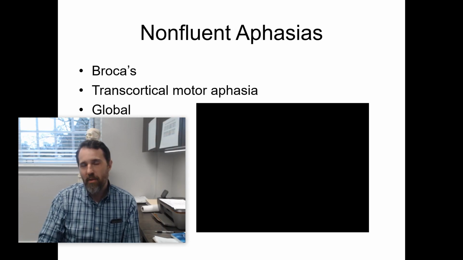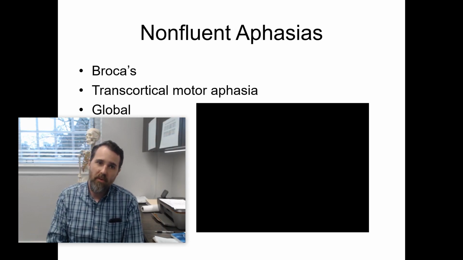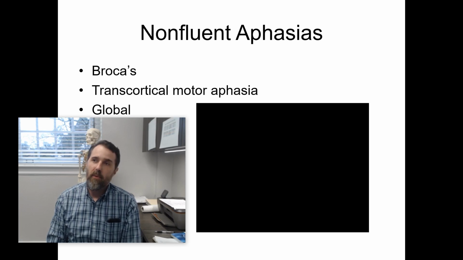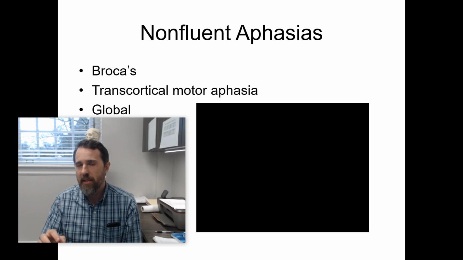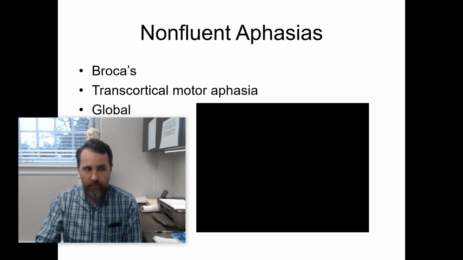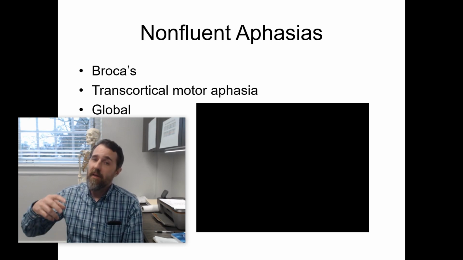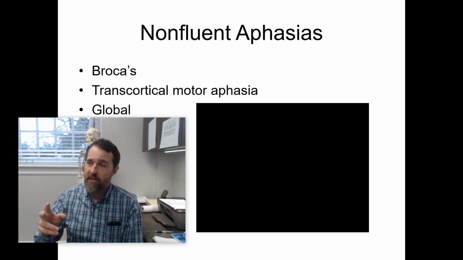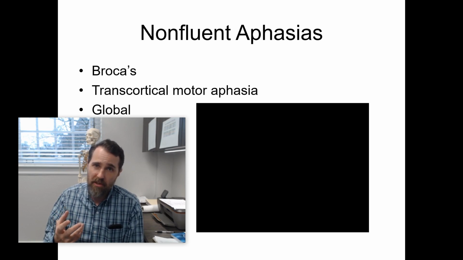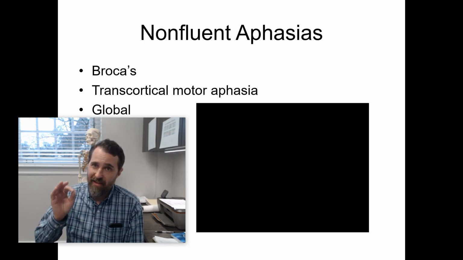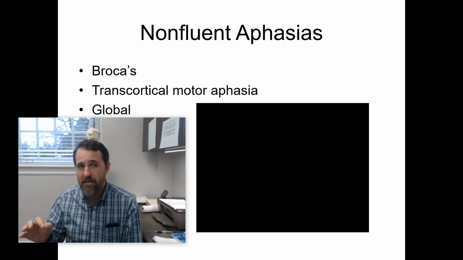So your guys with non-fluent aphasias, when you first see them, you're really going to be trying to figure out what is the most severe problem that you need to address first. Because there's a good chance they're going to have their non-fluent aphasia, and there's a good chance they're going to have some motor speech deficit, probably unilateral upper motor neuron dysarthria, if not having that plus apraxia of speech.